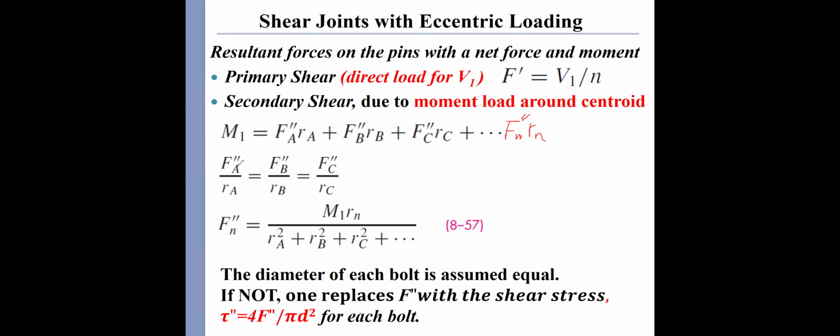In this case, F_A double prime over R_A equals F_B double prime over R_B equals F_C double prime over R_C. Then we can solve these two equations to get F_n double prime, which equals this term.